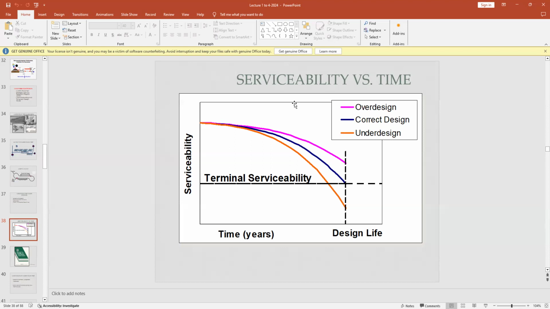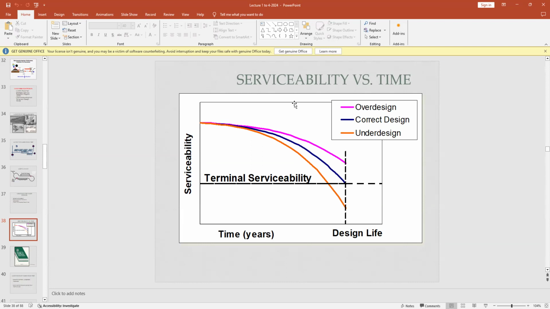But as time passes, the condition deteriorates, and we expect that the pavement should fail as per our design. For example, we estimated traffic for 20 years. We say the pavement should fail after 20 years.